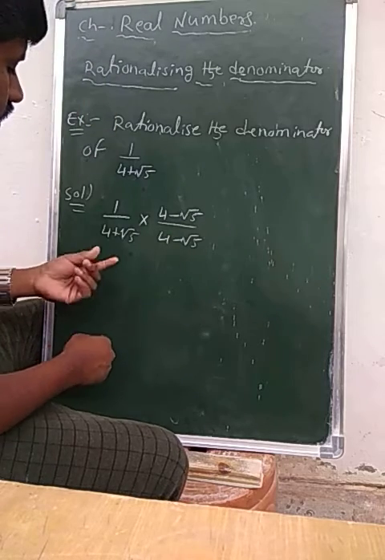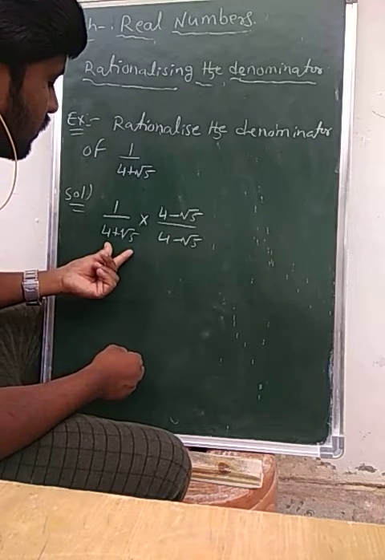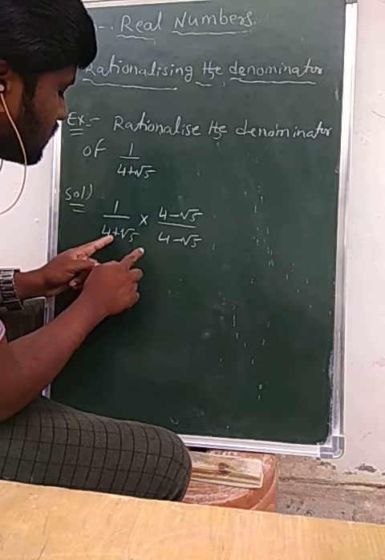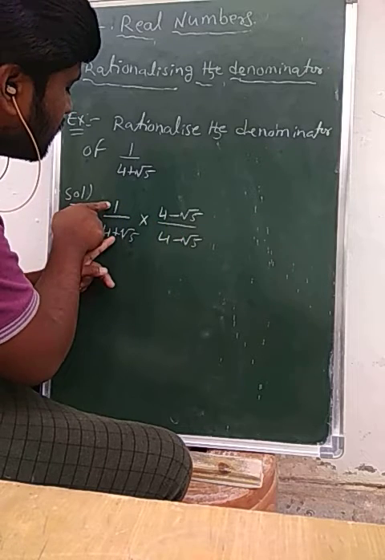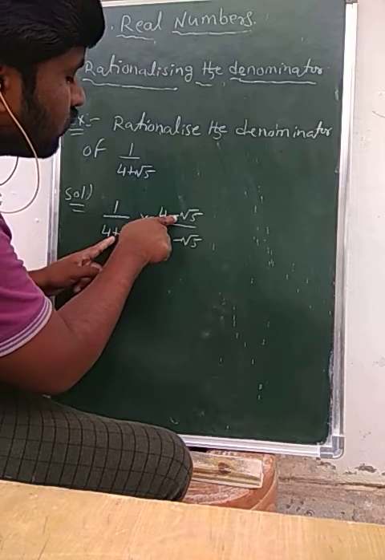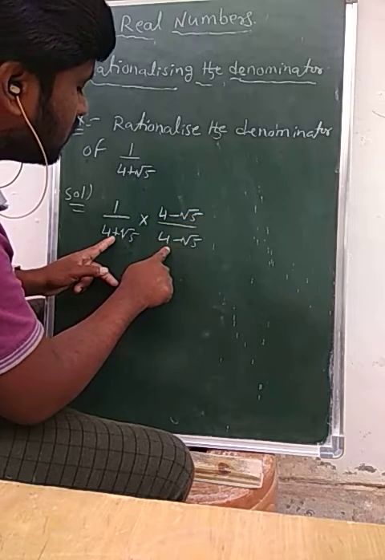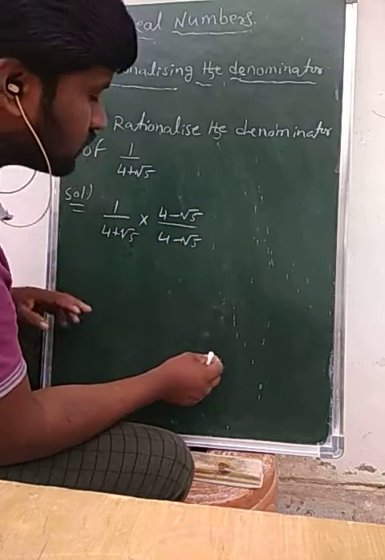Is it clear? Especially just see the denominator part here: 4 plus root 5, so you multiply the numerator and the denominator with 4 minus root 5.